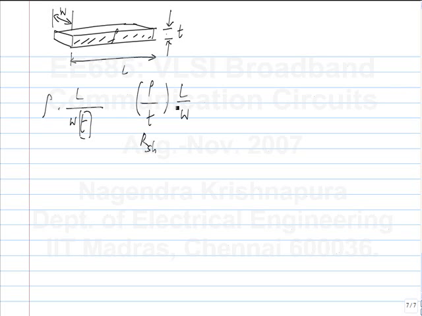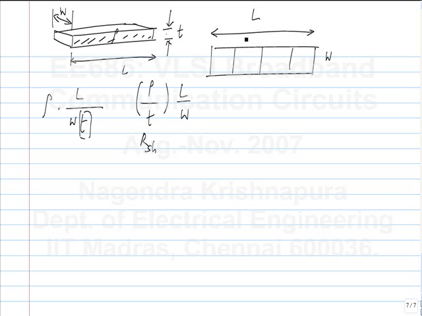And this L by W, if you observe, this is W, this is the length, and you count the number of squares along the length, and that is L by W. So if L is 4 times W, you have 4 squares.